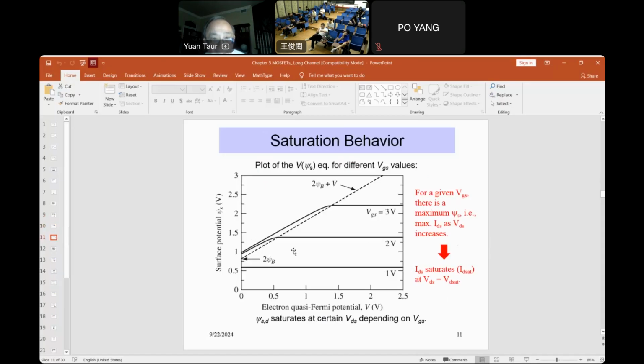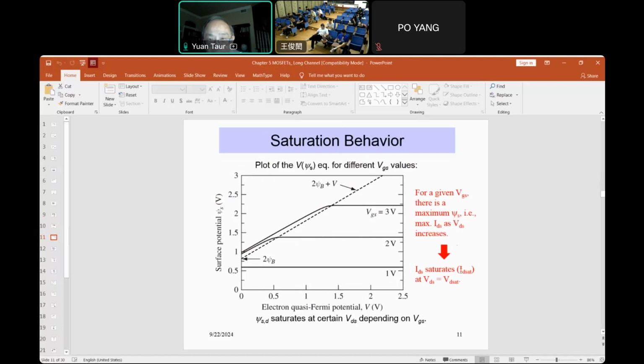So you can see that for whatever value of VGS, psi SS is given by the value here at V equal to 0. Psi SD is given by the value of psi S at whatever V. But psi SD has a maximum as a function of VGS. Once psi SD reaches this plateau, you can increase VDS, but there's no current increase.